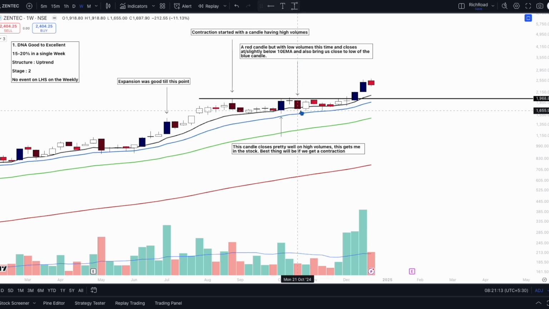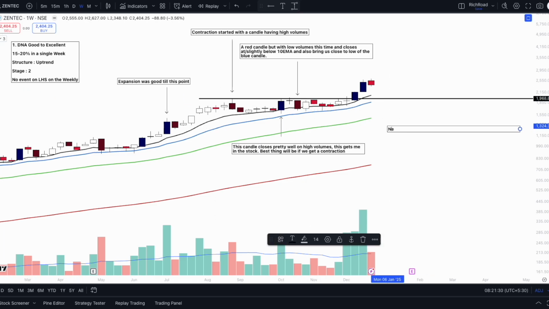And now, after this, you again have a candle which is 10% up on low volumes and closes above the 10 EMA. Now, that makes things very interesting. The next candle closes above the 10 EMA, but it doesn't take you far away from the 10 EMA.